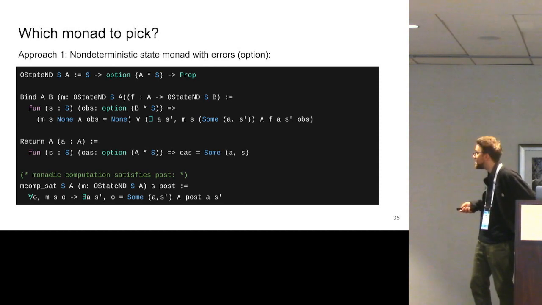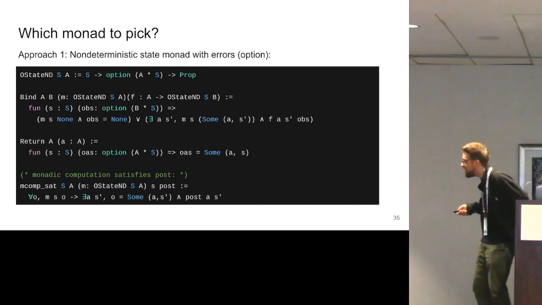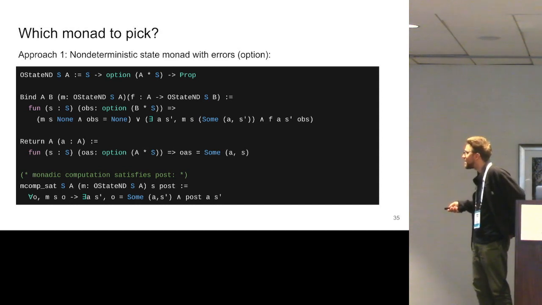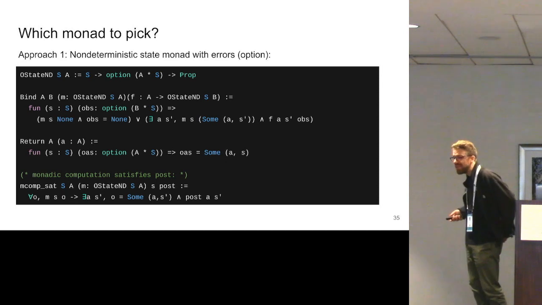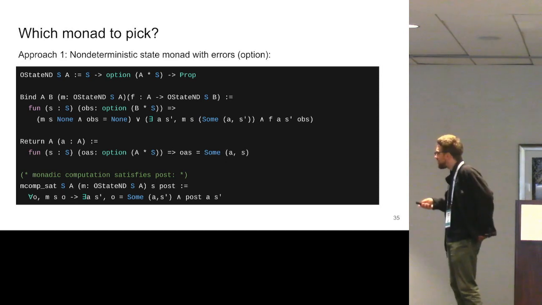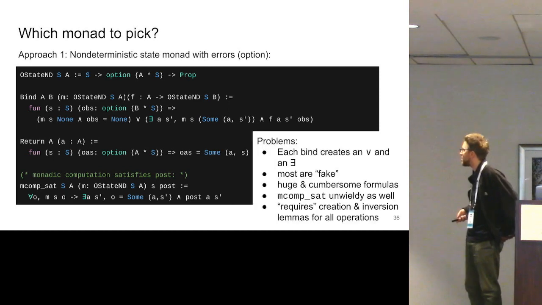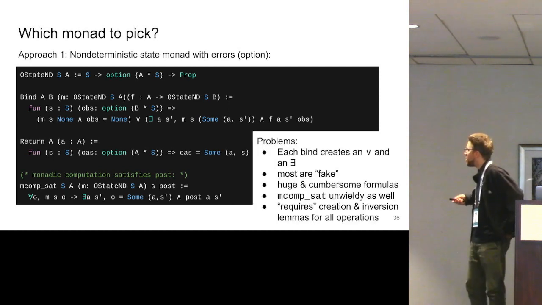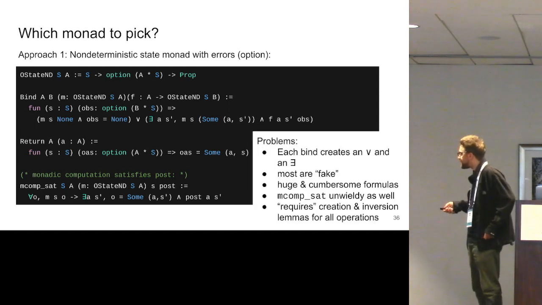And I call this mCompSat, for monadic computation satisfies postcondition. And again, you can write this with a lot of quantifiers, and it worked, but it was just pretty cumbersome overall, because basically the problem is that each bind creates an OR here, and it creates an exists.